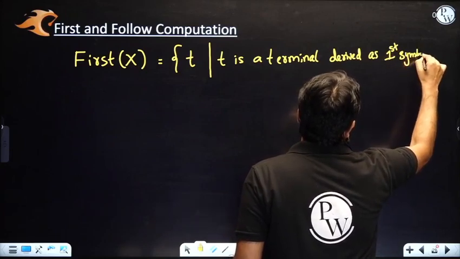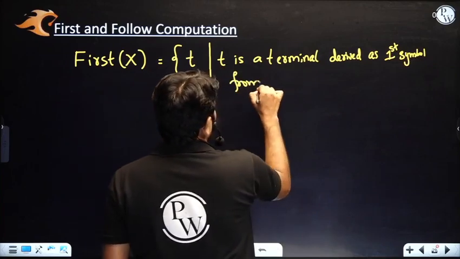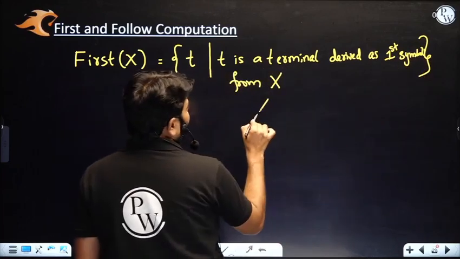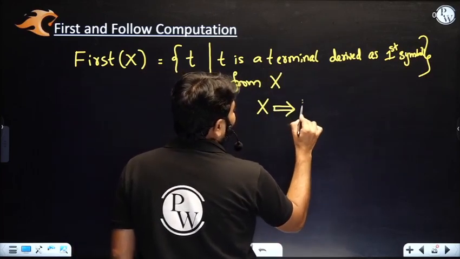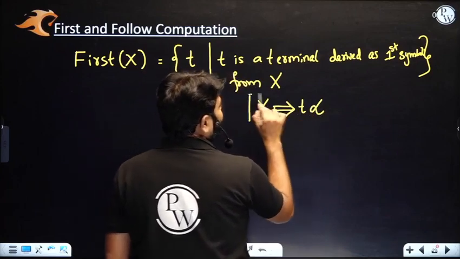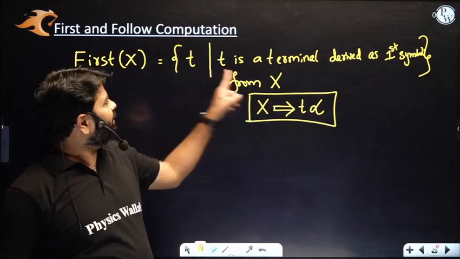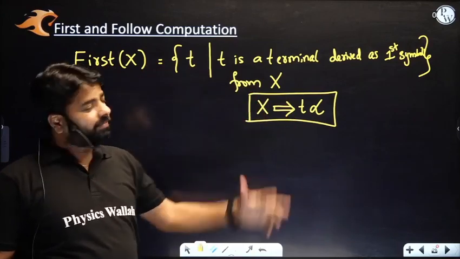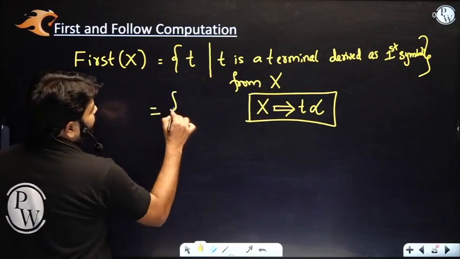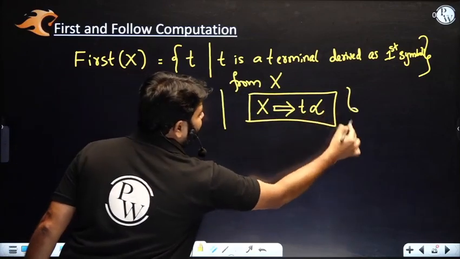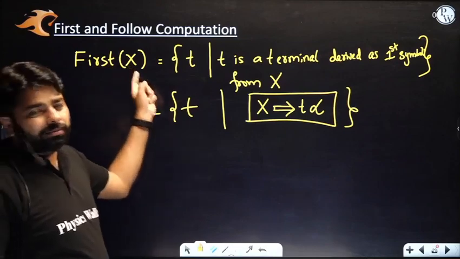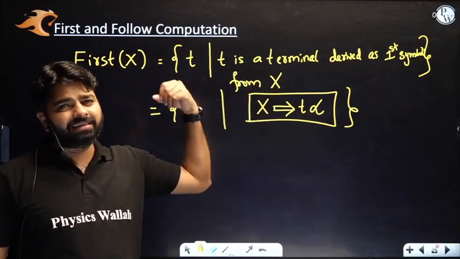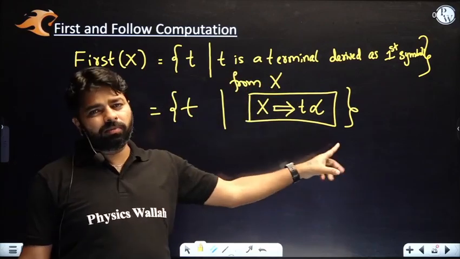How do you specify that? Simply, X derives T followed by alpha, that is the meaning. Where T is derived as a first symbol, you take that T and put it in the set. Every T we are going to put here. Simply, I am writing another way: T is such that X derives T alpha, that is it. X is a non-terminal, from that you are going to derive T as the first symbol. Alpha is any string. So, I have written some kind of formula here.